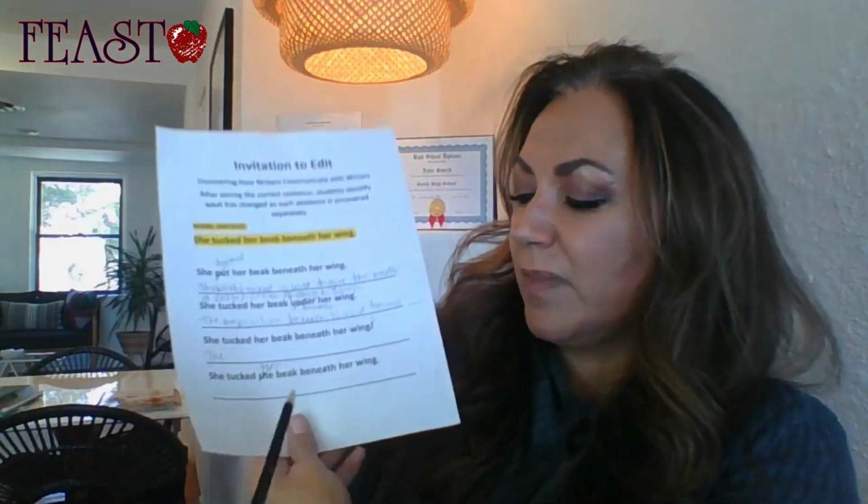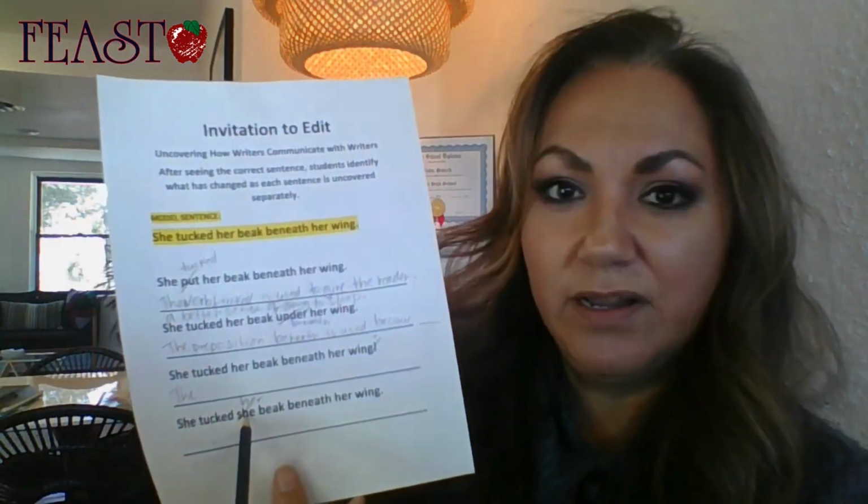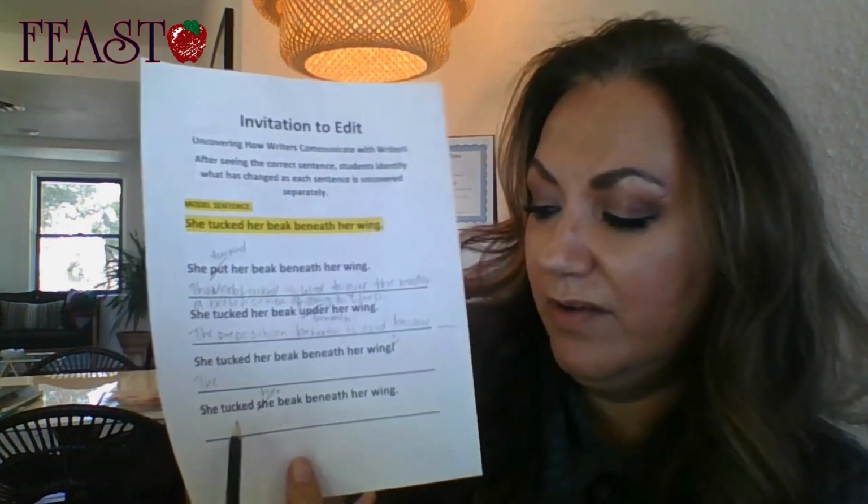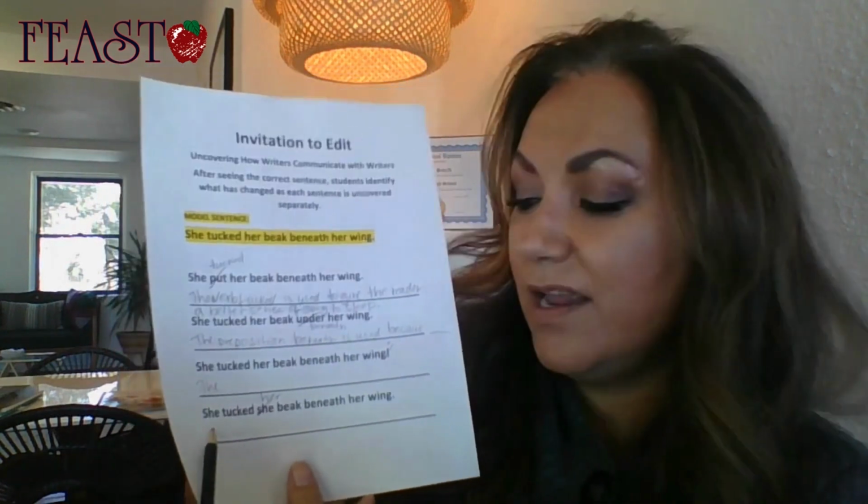She tucked she beak, well, her beak, because her is a special type of pronoun. It is a possessive pronoun. Her shows possession. Whose beak? Her beak. She didn't tuck one of the other chicken's beaks beneath her wing. She tucked her beak. And so we don't need just a regular pronoun here. We need a possessive pronoun.